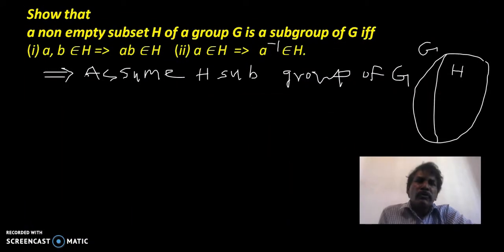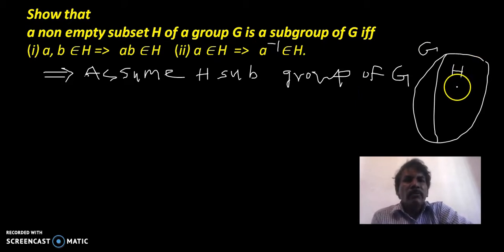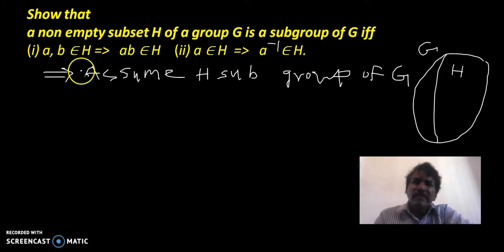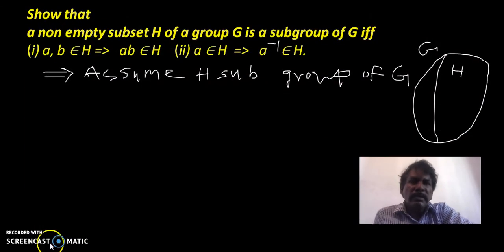And the second point, if a belongs to H, a inverse belongs to H. These are the two points that I have to prove now. So assume that H is a subgroup of G. If that is the case, what we have to prove is that a, b belongs to H implies ab belongs to H, and a belongs to H implies a inverse also belongs to H.